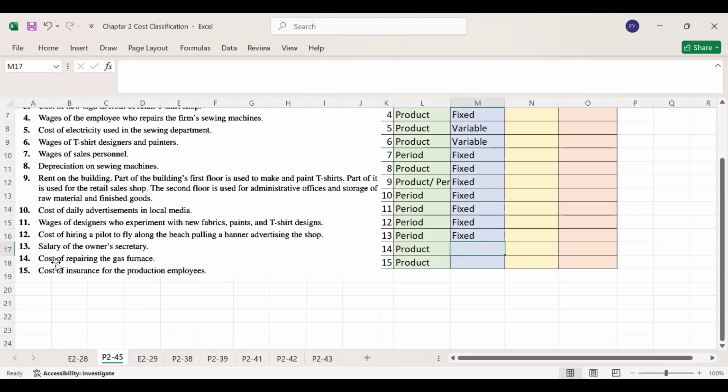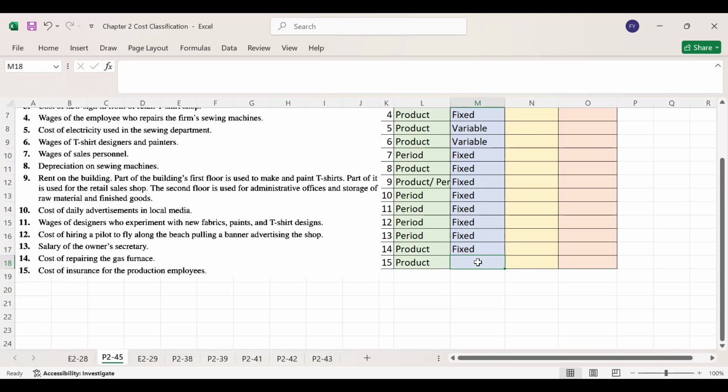So cost of repairing the gas furnace. We have already discussed that if it is a part of the factory, this should be considered routine repairing and maintenance. If it is routine repairing and maintenance, then it is fixed. And then again we have cost of insurance for the production employees.